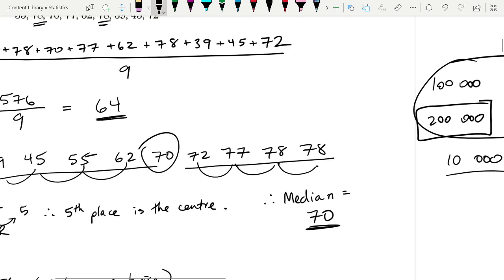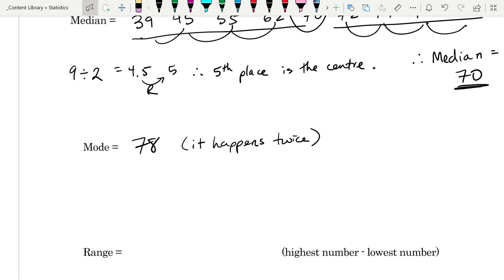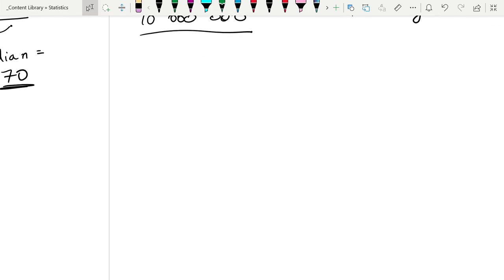When would you ever use mode? When would it ever make sense to say, oh, my average is just the number I see the most often? How about if you were in charge of a shoe store and somebody wanted to know, what's the average shoe size? Well, most people have maybe a size 8 or a size 8.5.